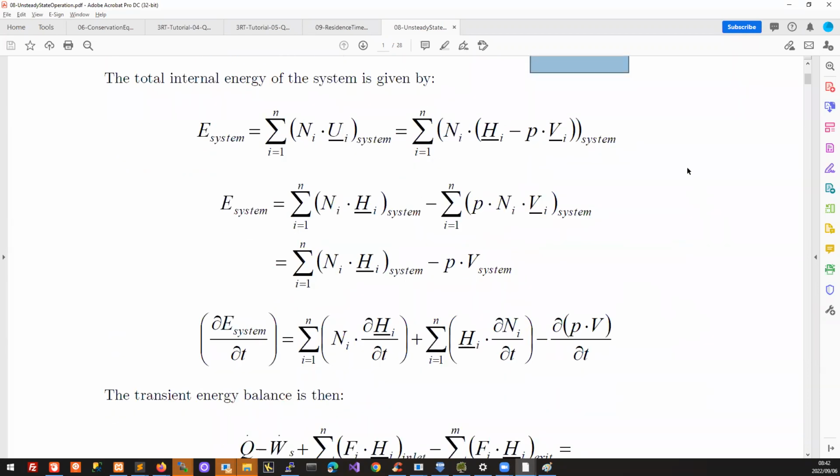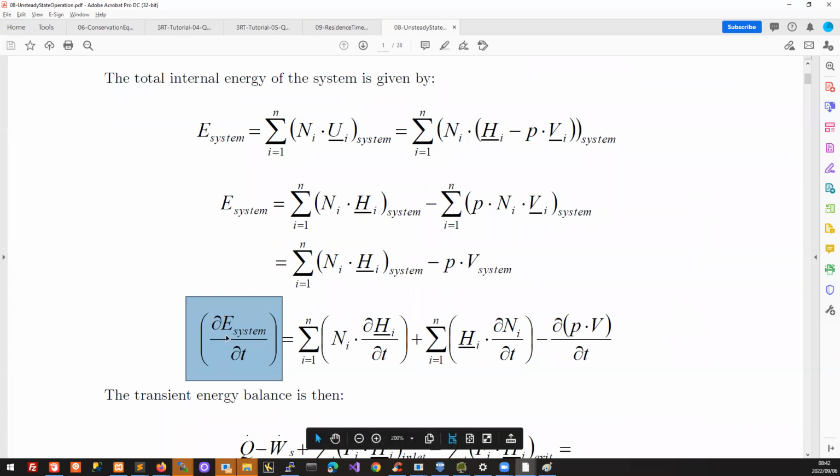Because we have a bit more experience with the energy balance now, we can expand on this term. So dE/dt, we know how to express the energy in a system. We said that's in essence the moles times the enthalpy. Remember, that's molar enthalpy, so times the number of moles, that's the enthalpy of the system.